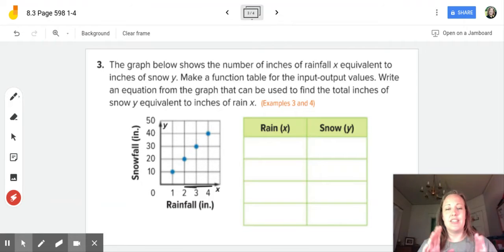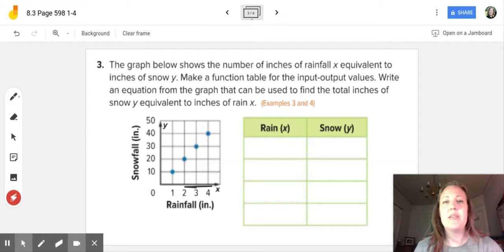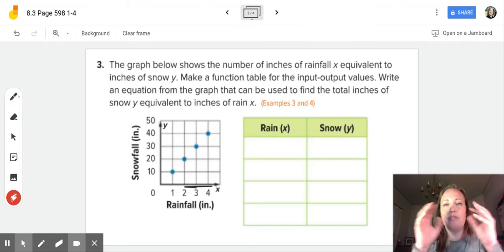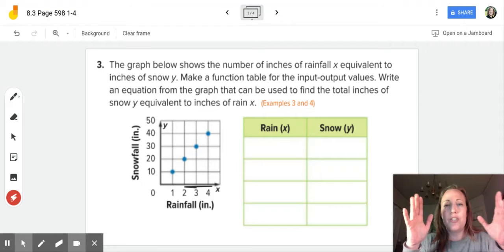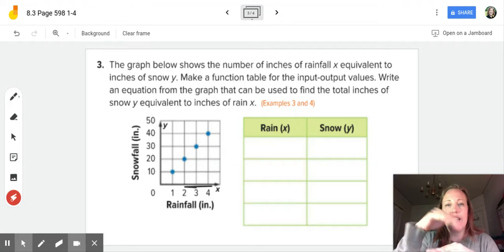So here's the deal. What it's saying here is if you look along the x-axis, 1 inch of rain is equal to 10 inches of snow. Okay, now think about that. The idea behind it is snow is fluffy, doesn't take up as much space, right? It's not as dense.